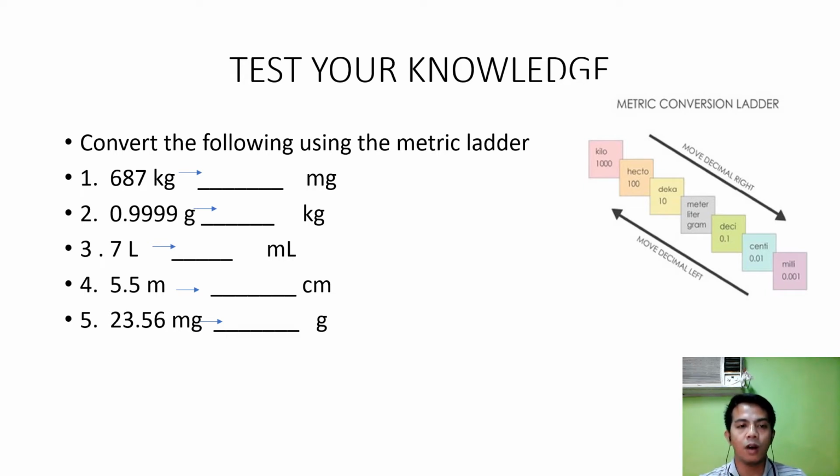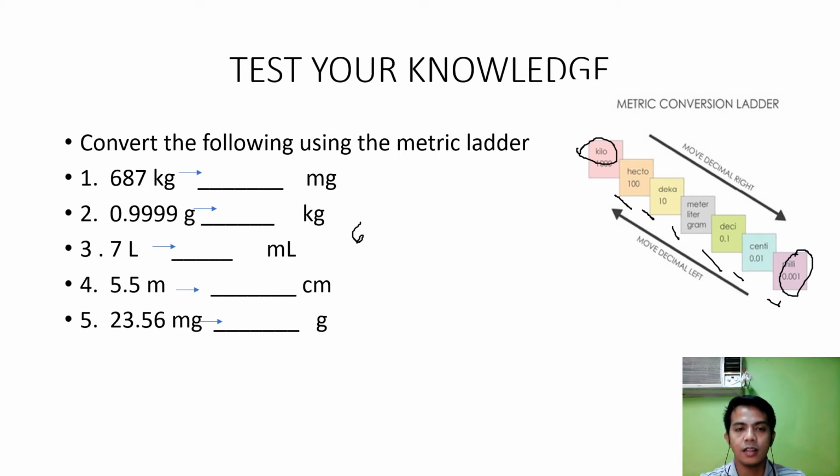Okay, for number 1, convert 687 kilograms to milligram. So first we need to locate the kilogram and then the milligram. So count 2, 3, 4, 5, 6. So we need to move the decimal place from left to right. Now, so 6 times.